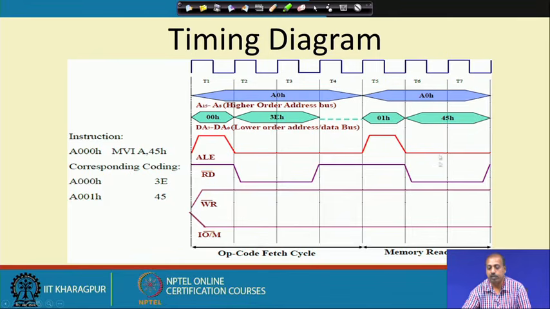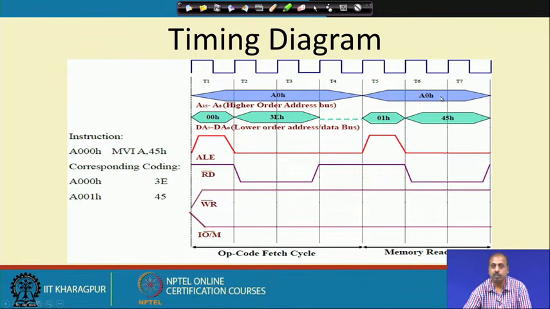In response, the memory will put this 45 hex onto the data bus, and this 45 hex comes to the processor. The processor will now put this 45 hex into the A register. That is done immediately after the 45 hex value has been obtained, so it does not require any more clock cycle.